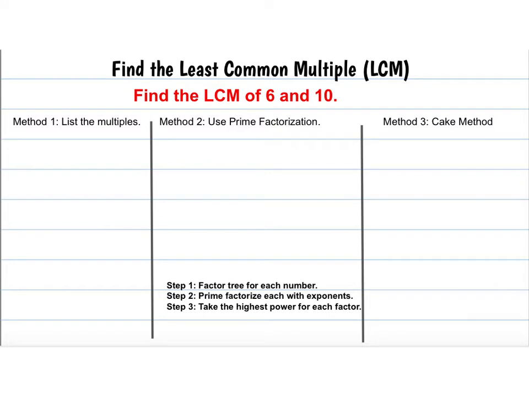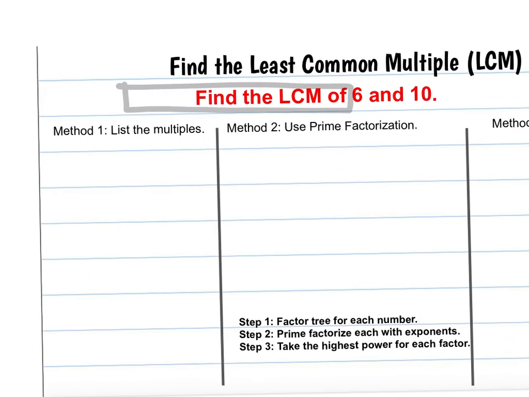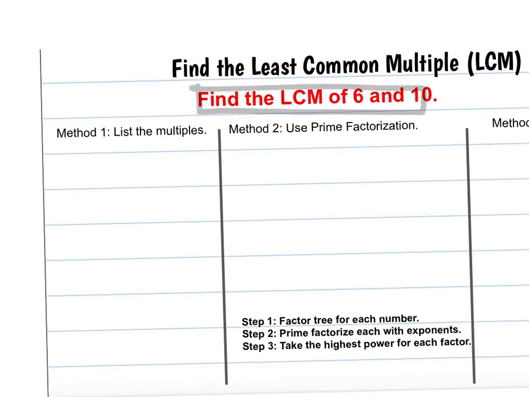Okay, here I go. I'm going to find the least common multiple for the numbers 6 and 10. If you're in your notebook, you should be writing down what we're doing. Make 3 columns so that you can do each as well. Method 1 was that we were going to list our multiples. Starting with 6, I know that my multiples are 6, 12, 18, 24, 30, 36, 42, and I might stop there for now.